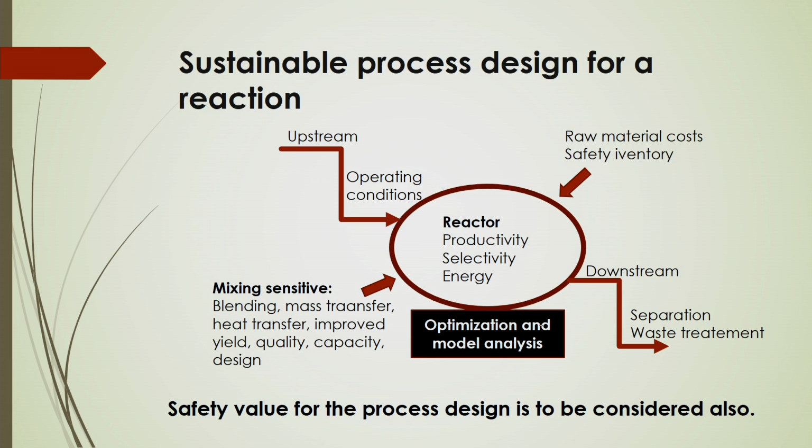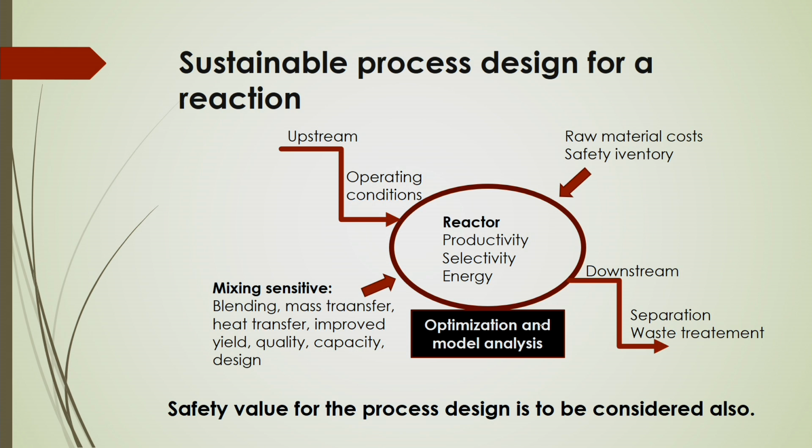Now, what will be the sustainable process design for a particular reaction? If a reaction is to be done in a reactor, you can assess the productivity and the selectivity based on the energy supplied. Then you have to optimize the reaction yield or product based on that energy and other operating variables. What are the upstream and operating conditions, and what will be the downstream, the separation, waste management and treatment, all the processes to be considered there?